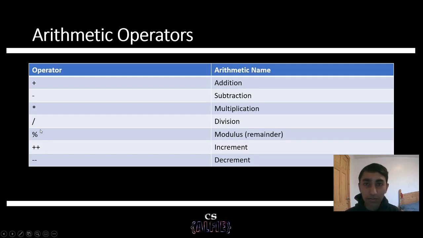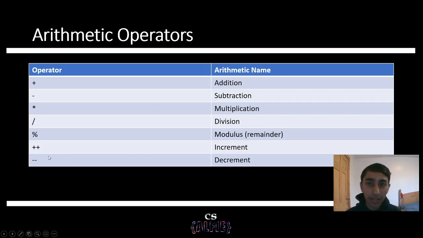This just gives the remainder. For example, if you did 7 modulus 5, it would give 2, because 7 divided by 5 gives a remainder of 2. This plus plus just increments the current number, and the minus minus decrements the current number.